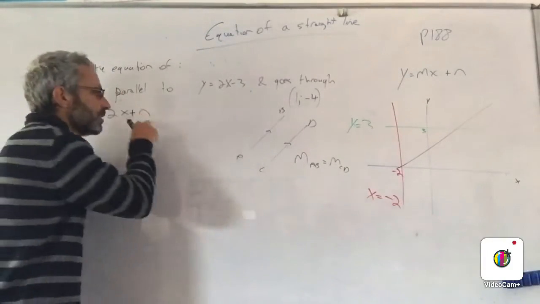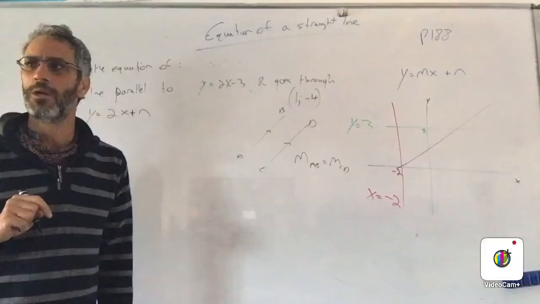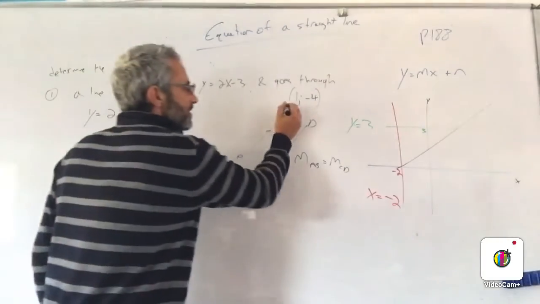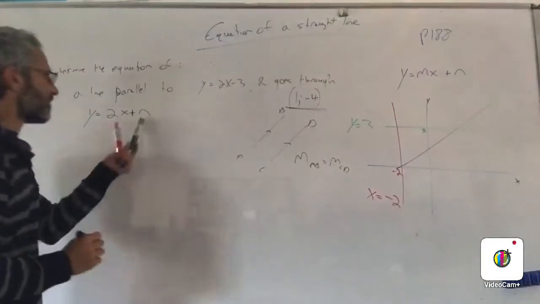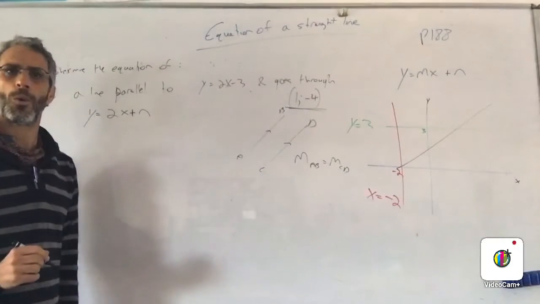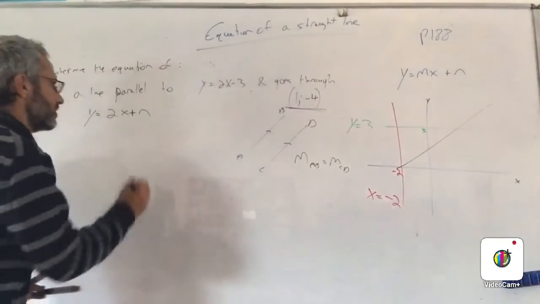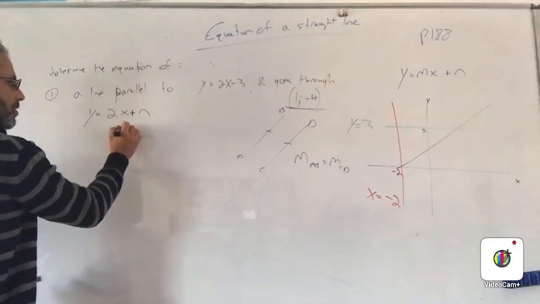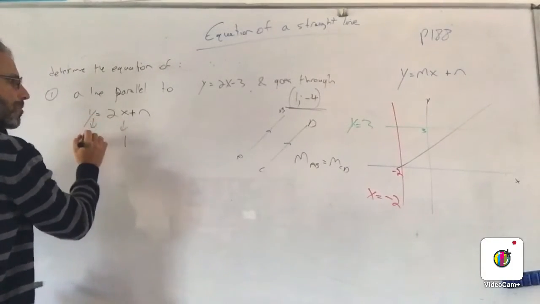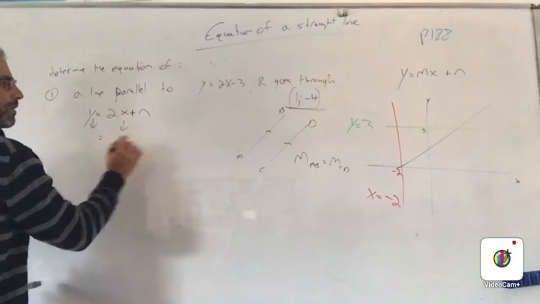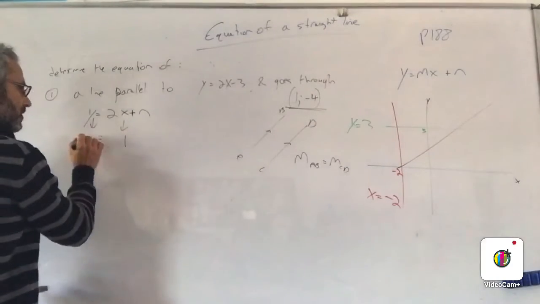Okay. But we still don't know what the n is. How would I find the n using this clue? Substitute. We've done it a million times in the function topic. So when x is equal to 1, y will be equal to -4.